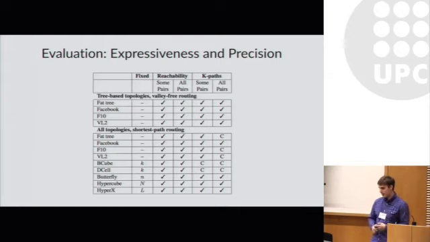So we looked at a collection of topologies for data centers and transit networks that are commonly described in network literature. And we looked at two variants of routing, something called valley-free routing and something called shortest paths routing, on both of these. For expressiveness, we were able to encode all of these topologies without fixing any particular parameter, which these topologies are usually described in terms of.